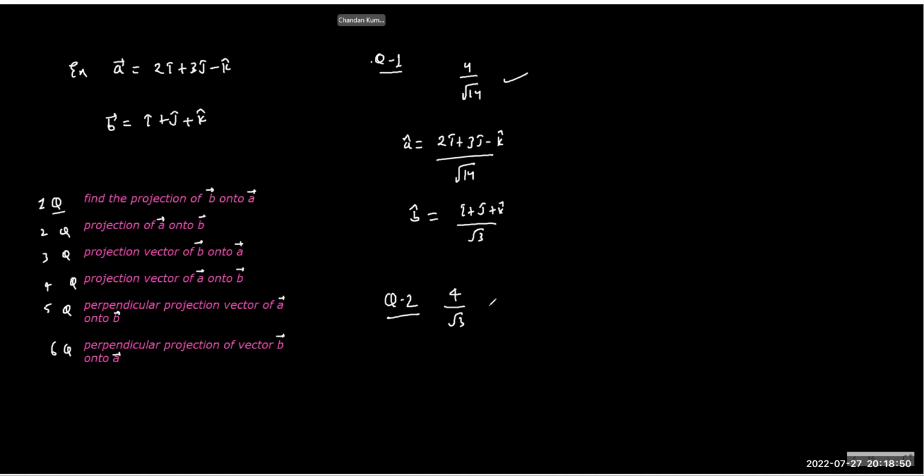Now this time it will be A dot B cap, right? So which is of course 4 by root 3. Correct. So the third part is now easy. Projection vector of B onto A. So B onto A is B dot A cap, which we got as the answer already, 4 by root 14, into A cap, which is anyway known to us.